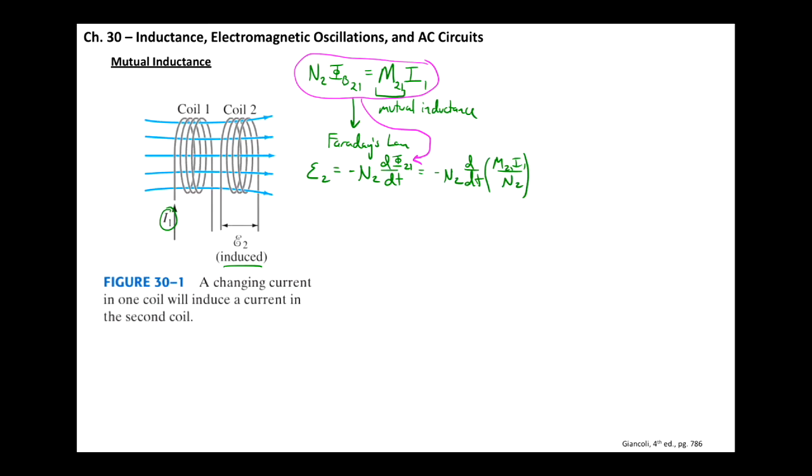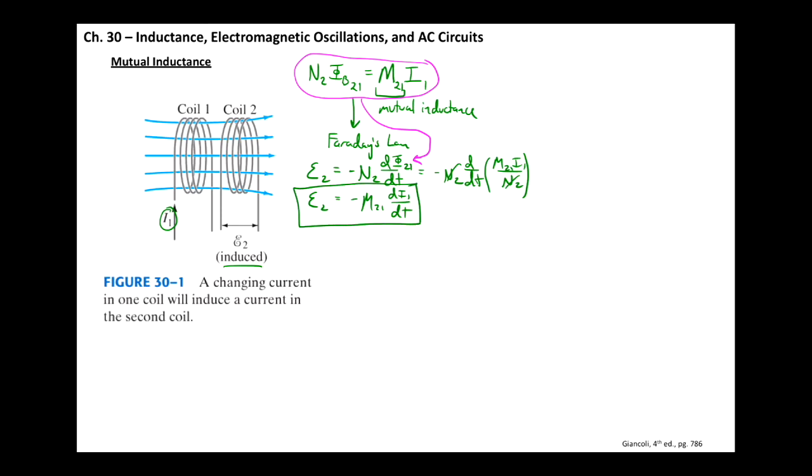And some stuff cancels out, and some stuff is constant, and we quickly see that it's going to be about how quick the current is changing. So the N2s are gone. The M21 is a constant. And then I just have negative M21 times the rate of change of current 1 gives me the potential difference that's induced in coil 2.